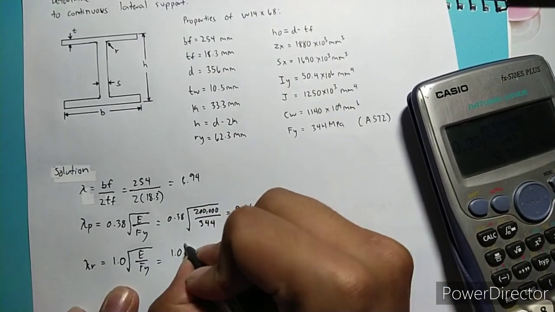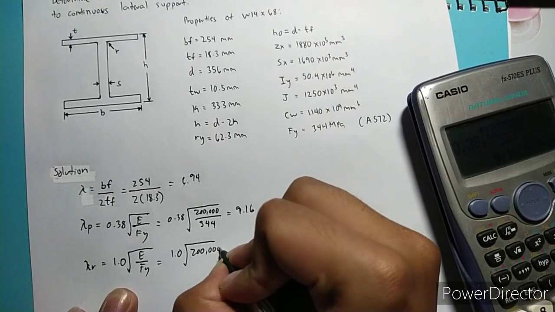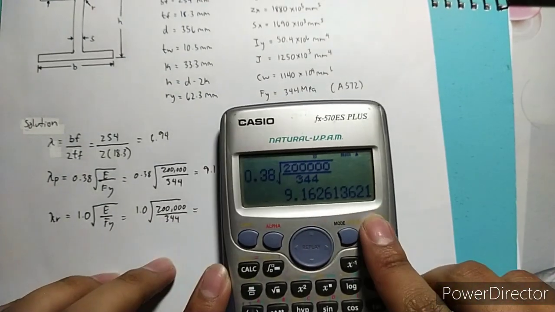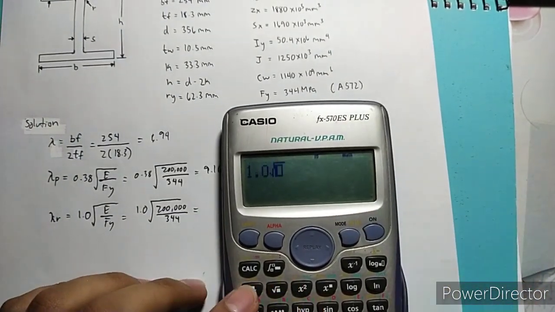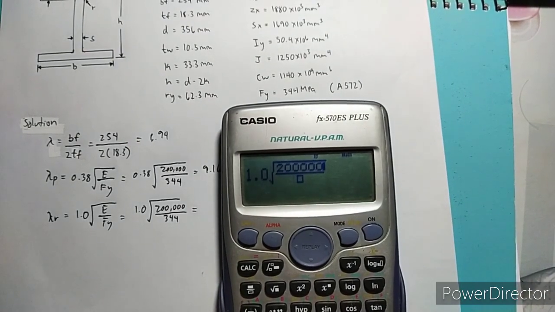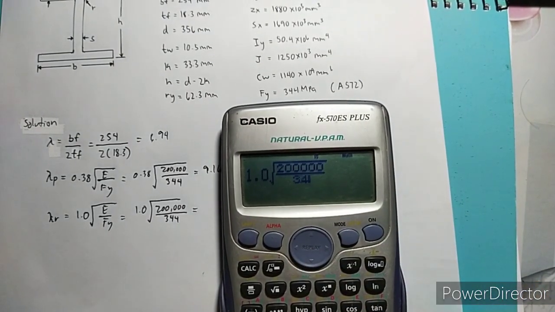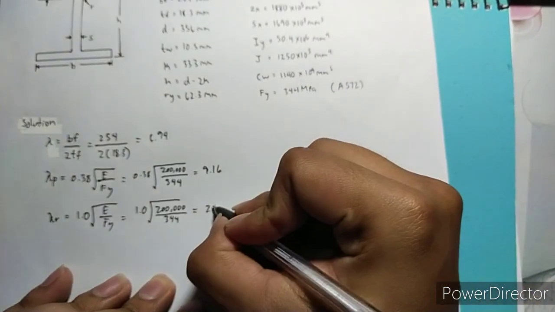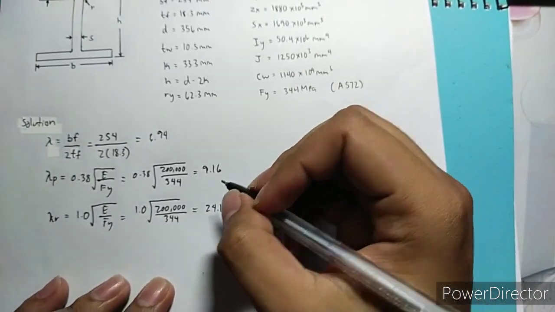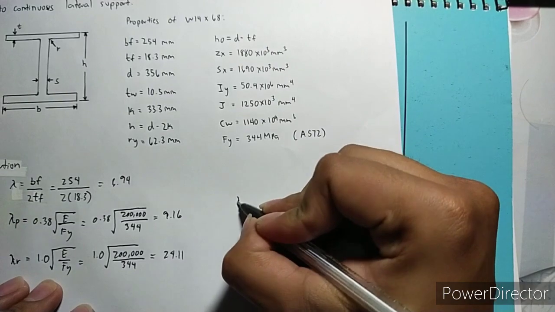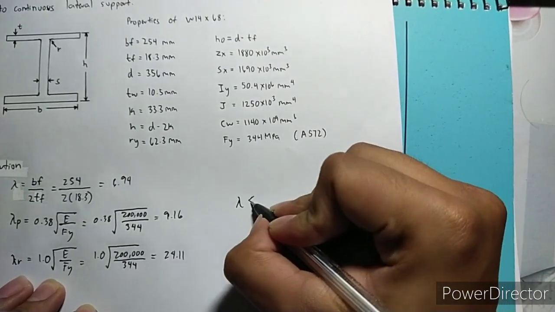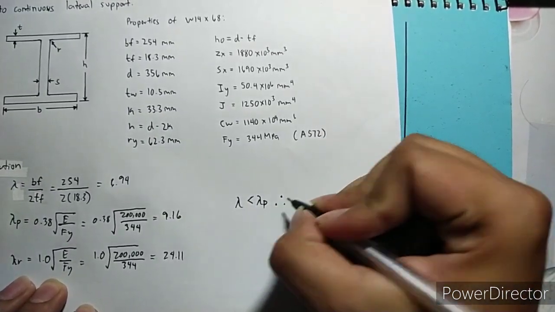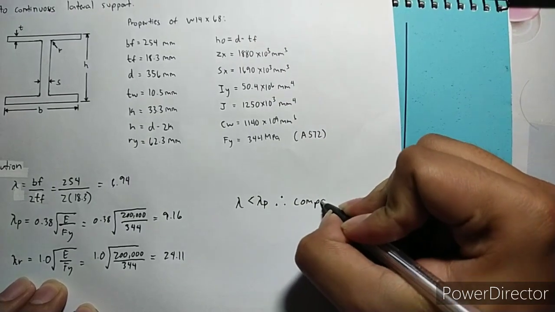So, 1.0 square root of 200,000 over 344 equals 24.11. This means lambda is less than lambda P, so the flanges are compact.